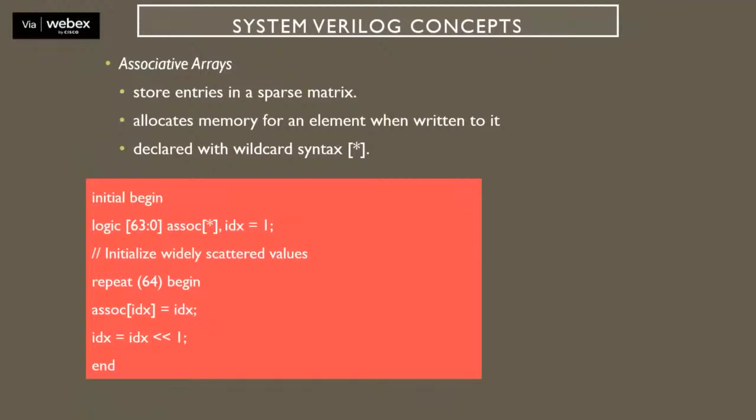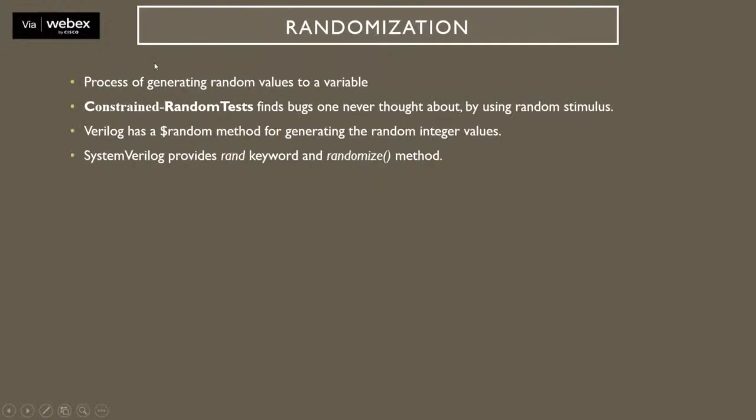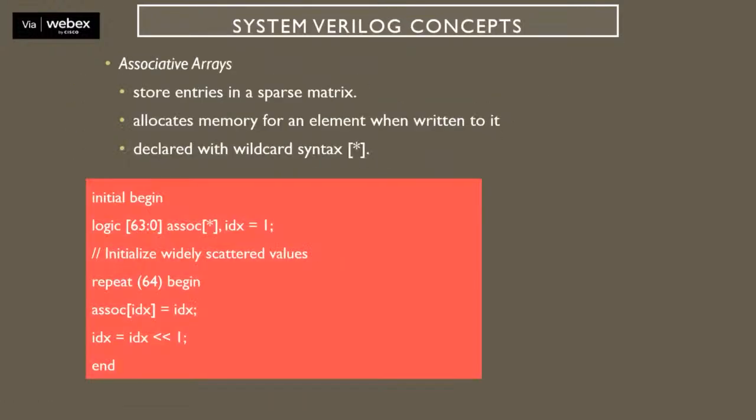So the add-on feature, to sum up, is that you don't have to allocate any storage for it until and unless it is being used. These are the array methods that are available uniquely in SystemVerilog.